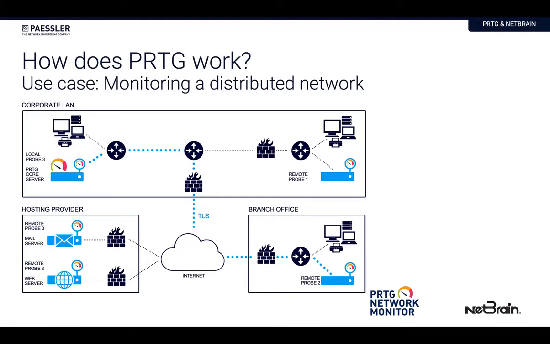You install those 2 services on any computer in that remote network, in that branch office behind the firewall. Bear in mind that the protocol traffic takes place between the remote probe and the end nodes behind the firewall. So you don't have to open huge gates in your firewalls. You only need to open one single port, TCP 23560. So the traffic between the remote probe and the core server requires only one port number, and it's encrypted using TLS 1.2.